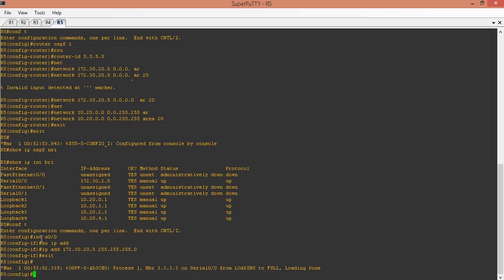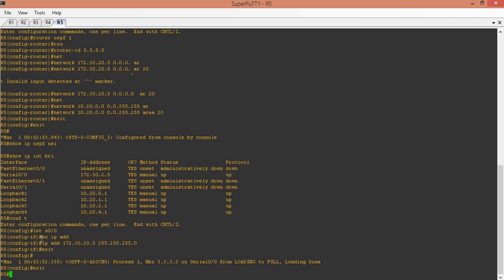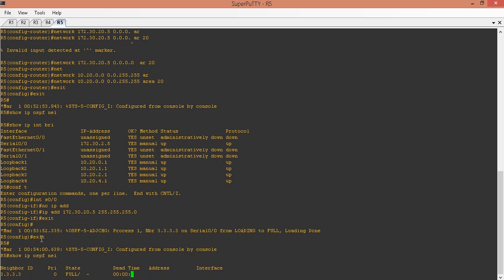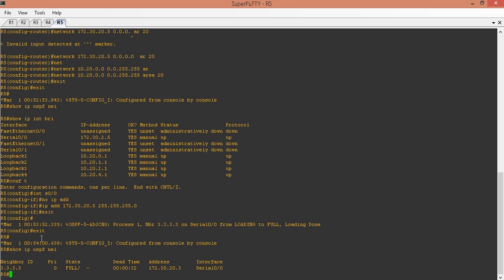You see it forms with router 3 already. So show IP OSPF neighbor. See that this is point to point, so the state is full, but there is no DR or BDR election in point to point.